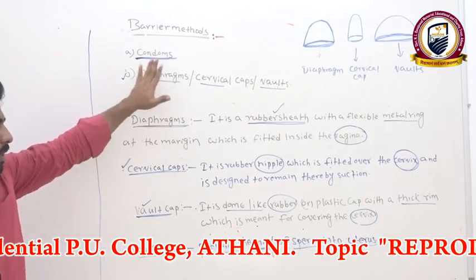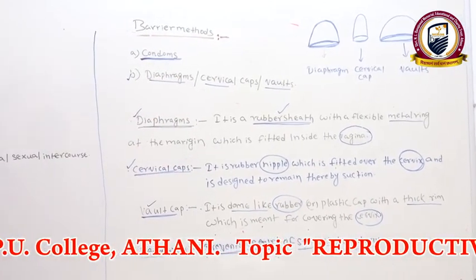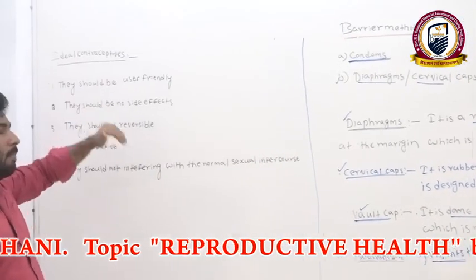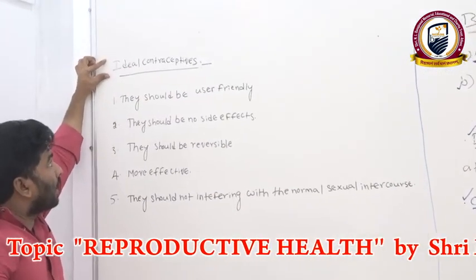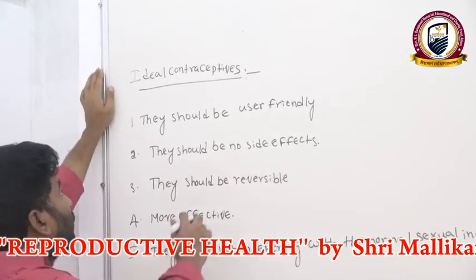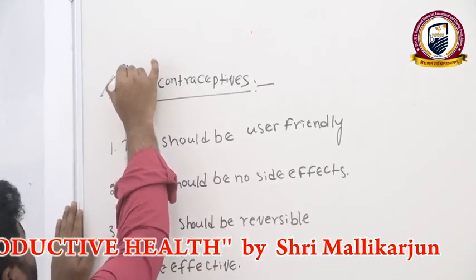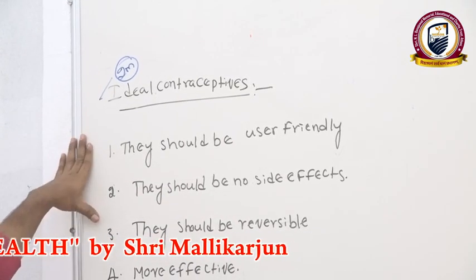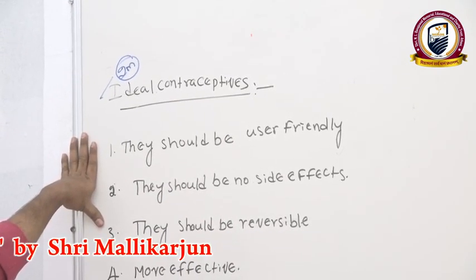Okay, right. Now we'll move forward to the characteristics of the ideal contraceptive methods. They may ask this for a 2 marks question, so it's important. What are the ideal characteristics of contraceptive methods?